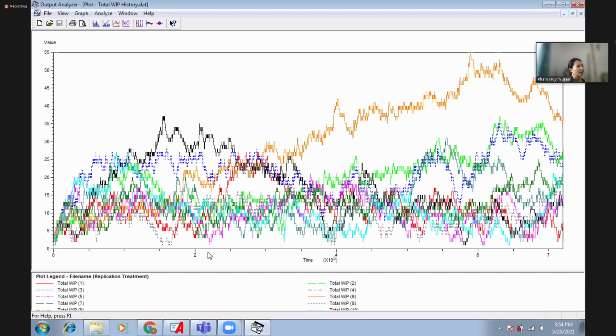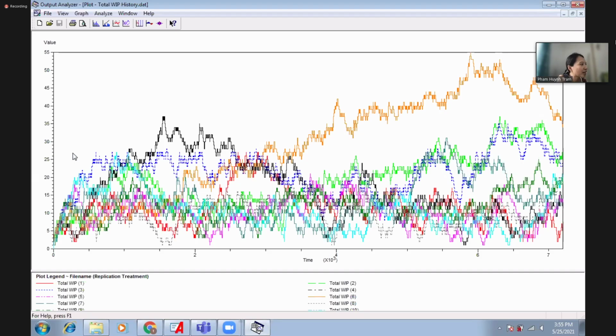The theory that we learned just now says it would be much better, the plot here would be smoother, if we use the ensemble average. The ensemble average means we don't look at individual replications like this one, but we take the average across replications. For each point we take the average across replications, but I still cannot find where Arena gives us the ensemble average, like what we learned.